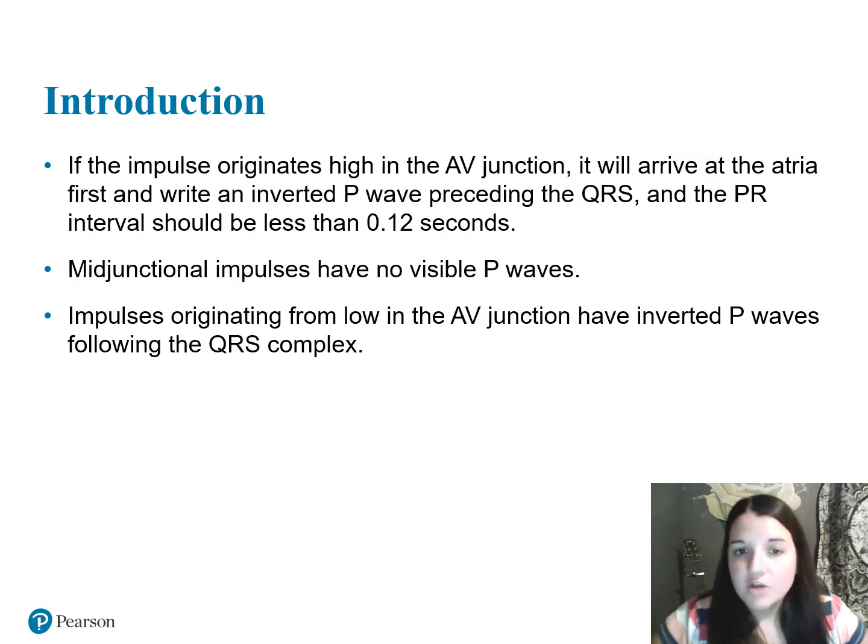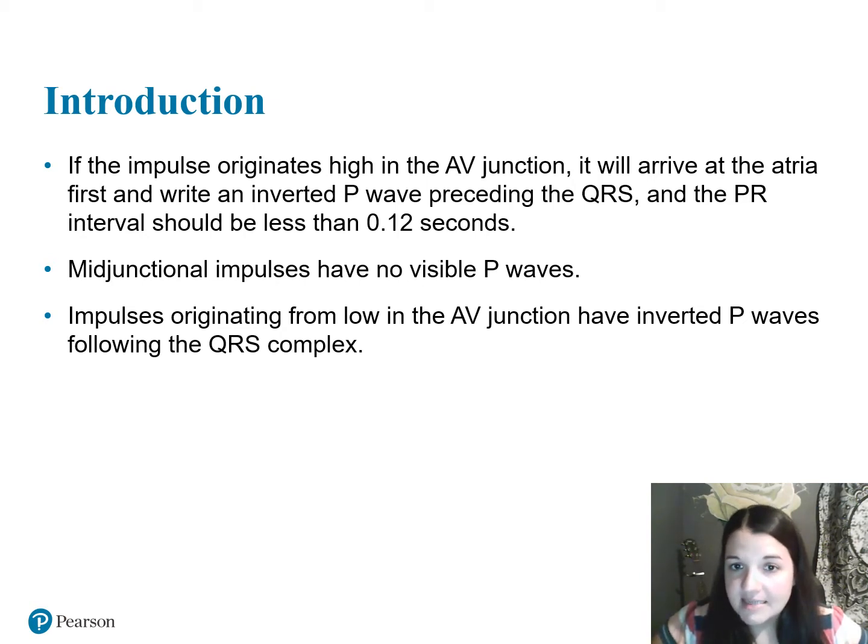So if the impulse originates high in the AV junction, it will arrive at the atria first and write an inverted P wave preceding the QRS. A lot of terminology here. So it will arrive at the atria first. Atria is your top chambers. And it's going to write an inverted, meaning upside down, negative P wave. Our P waves are supposed to be positive, right, and upright.